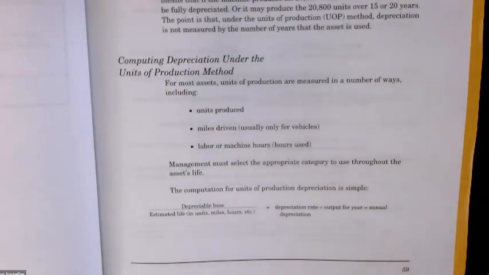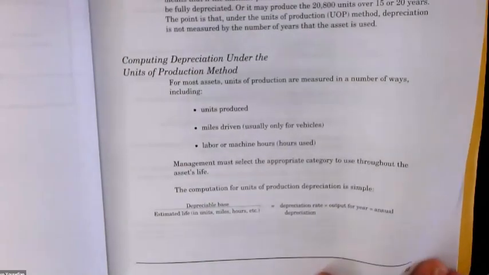Then you multiply that rate by the number of hours, machine hours, or mileage that you drive in each year. That might be a very high year, a low year, then an average year. So every year might be totally different.